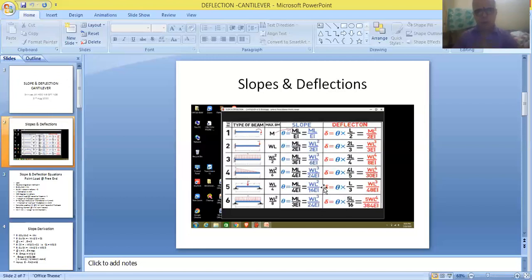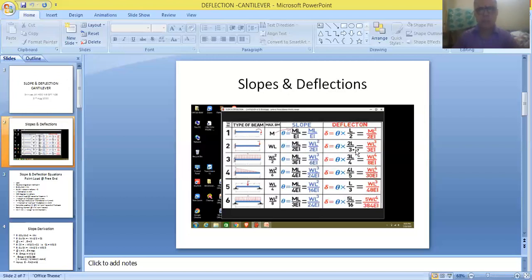Slope and deflection values will be different for different beams, and also for the same beam they will be different for different loads. That means if a point load is acting on a cantilever, we get these values.